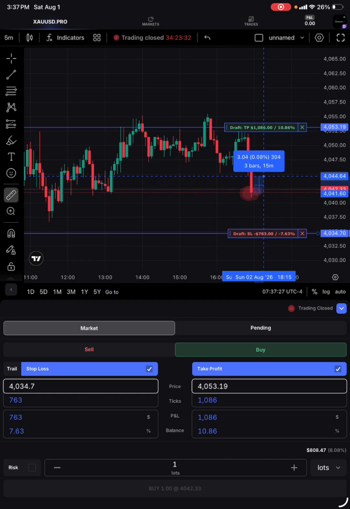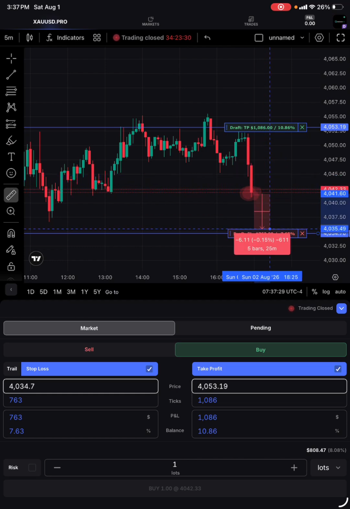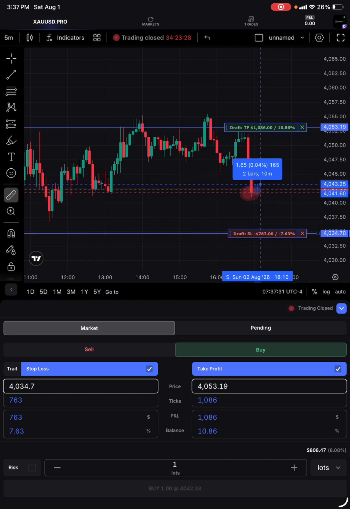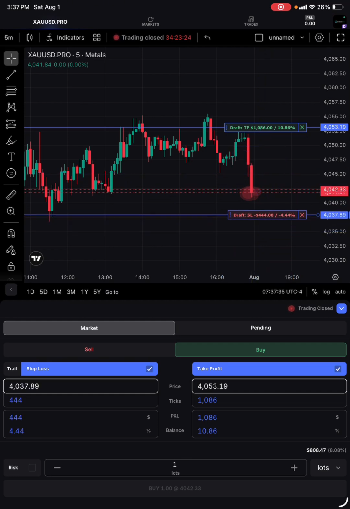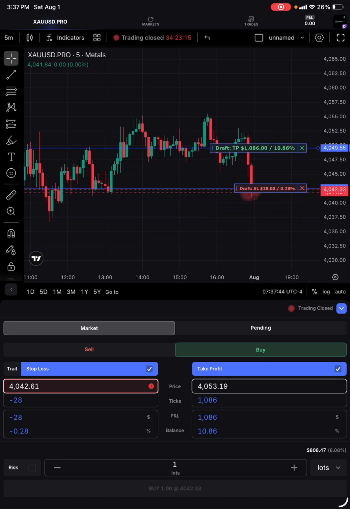If I'm up $300, which is 30 pips, there's no reason to leave my risk all the way down here. So I'll bring my risk up to positive, so no matter what I'll make 28 bucks. If it goes anywhere to, let's say here, I still make 70 pips, which is $700.